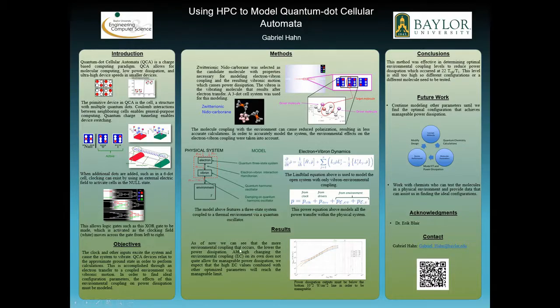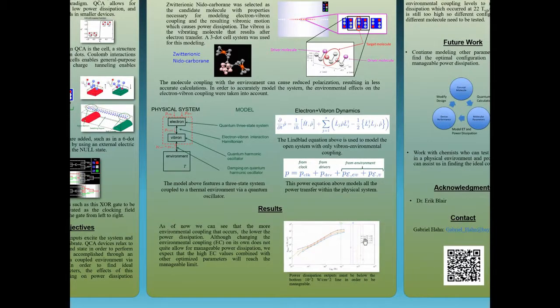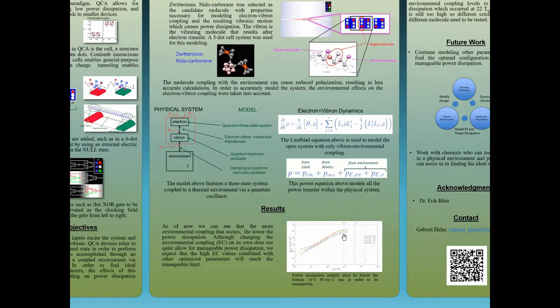They're showing us that higher power dissipation values are resulting in, or no, sorry, higher environmental coupling values are resulting in lower power dissipation, and it's a consistent trend. So, as you can see, I'll zoom in a little bit, with environmental coupling values at 22 tau vibron over T1, which is just the environmental coupling, the power dissipation is lowest.